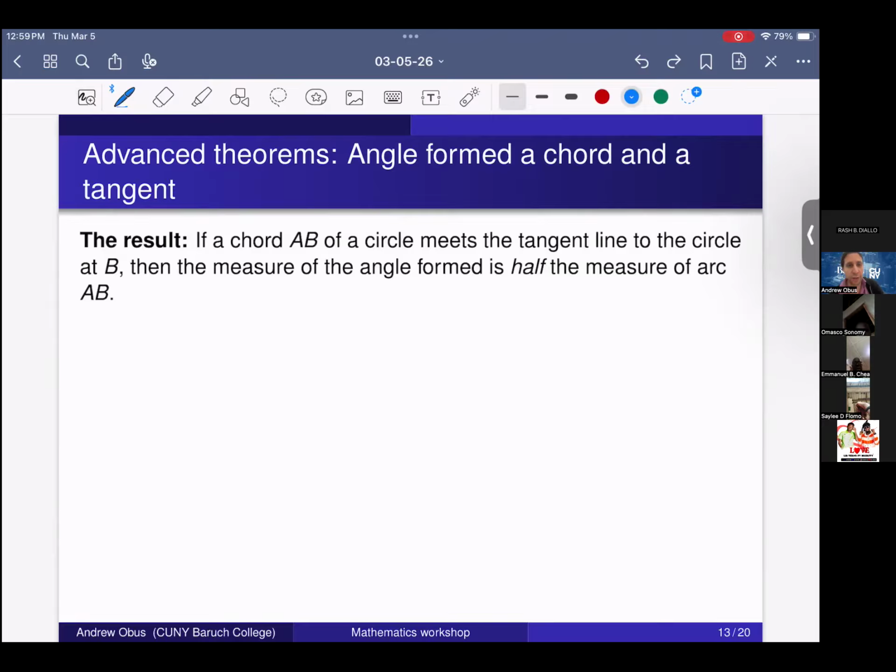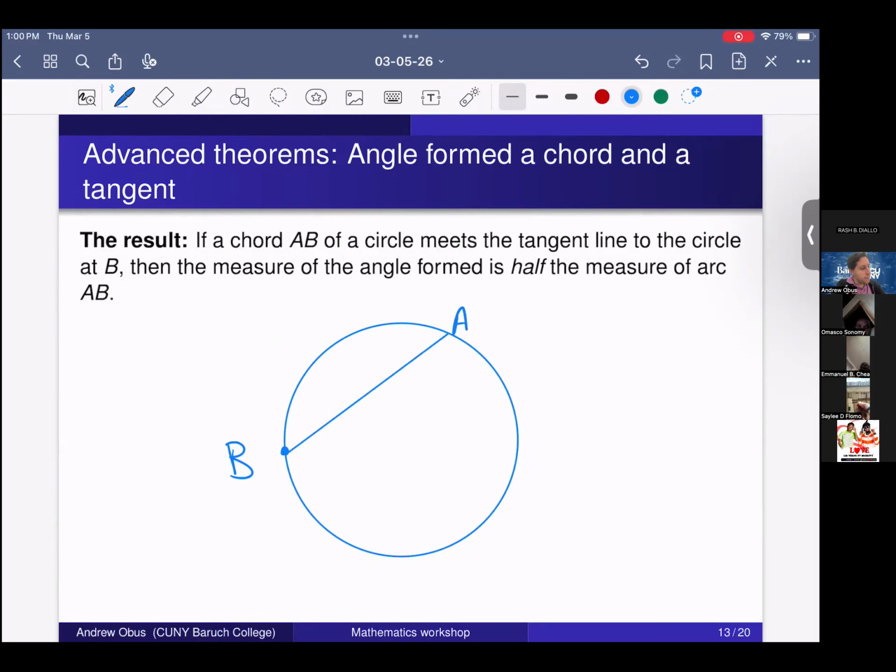Again, it's hard to understand these theorems from words. We've got to draw a picture. So let's say I'm going to draw point B over here, and I'm going to draw chord AB. And then I'm going to draw the tangent line to the circle at B. Call that the tangent line.